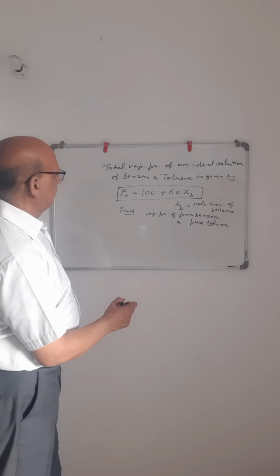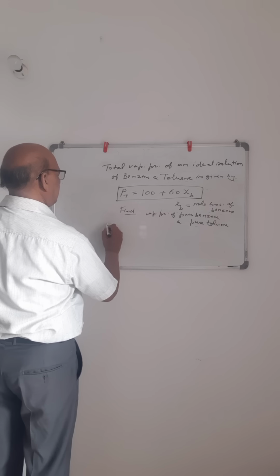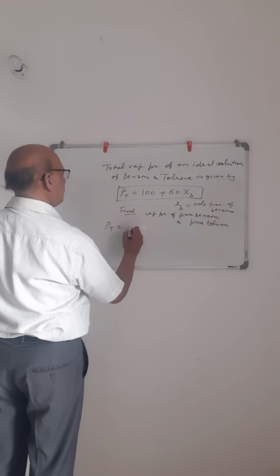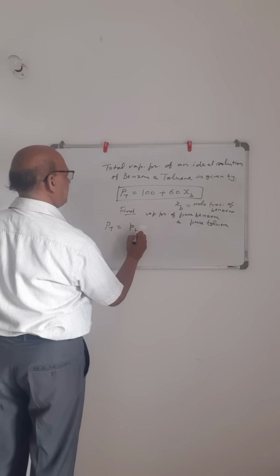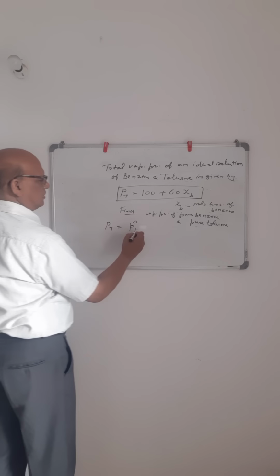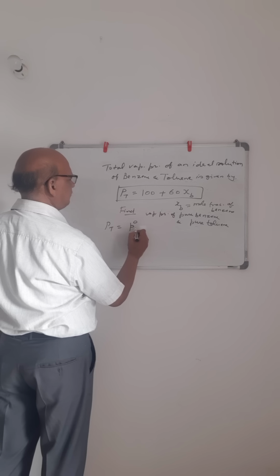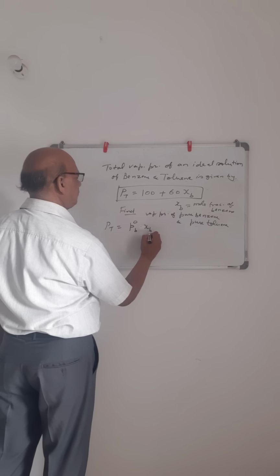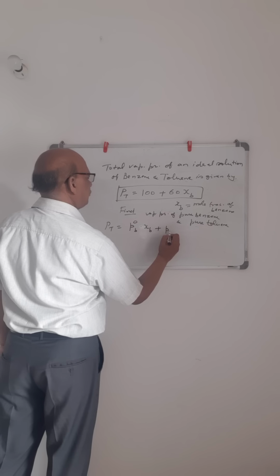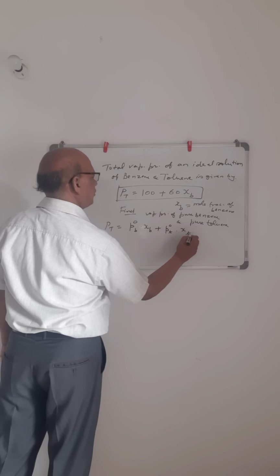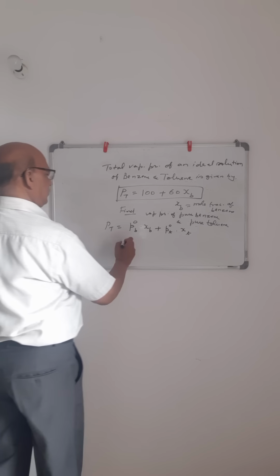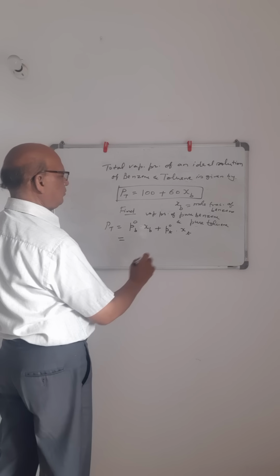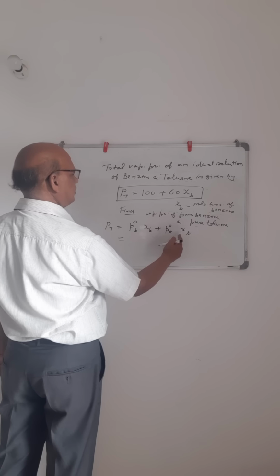So how will we do it? We will write the same equation, that is total pressure is equal to PB naught for pure benzene vapor pressure, multiplied by X of benzene, plus pure toluene vapor pressure multiplied by X of toluene. This is the same formula for vapor pressure of a solution. Now we eliminate X toluene from this formula.